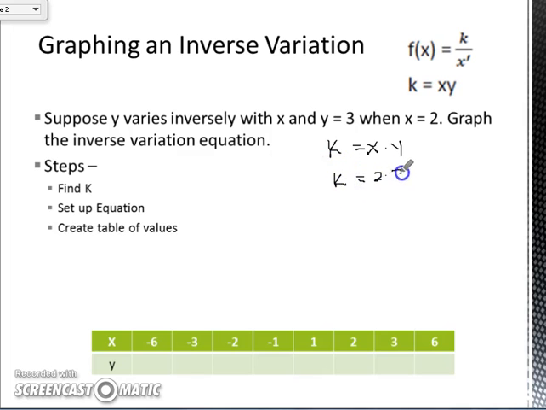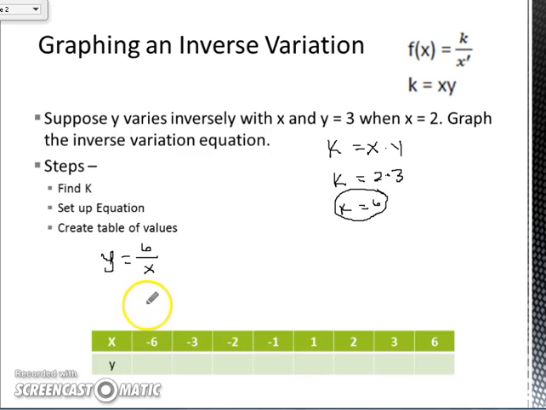X is 2, y is 3. On this one, we find our constant value to equal 6. So the equation we're going to use to solve with these ordered pairs is y equals k, so 6 divided by x.